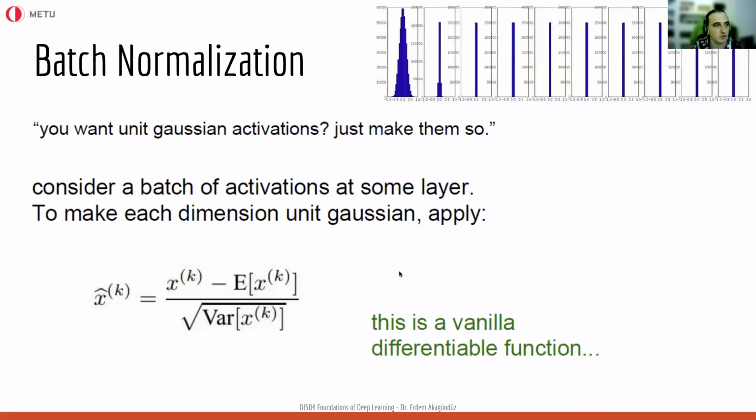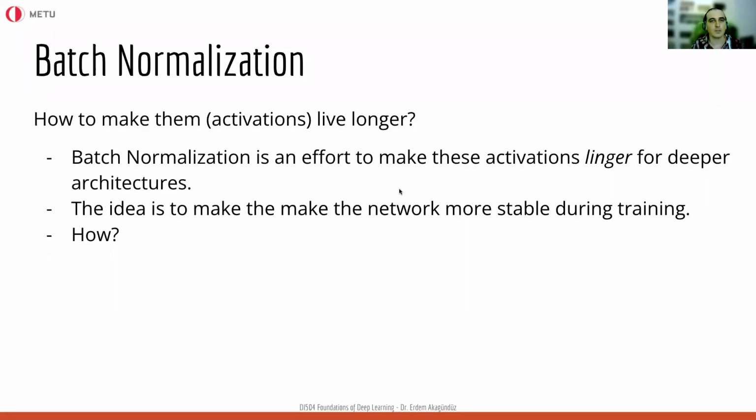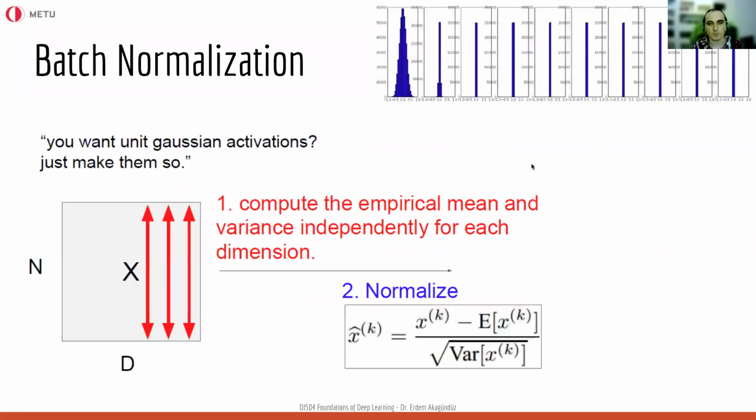I keep these values so that in the backward run, by using these values, the gradient descent is also affected. So the training is not harmed. Still, the information will flow in forward and backward propagation properly, and my activations will be properly shaped and my gradients will not die. So this is batch normalization, guys.